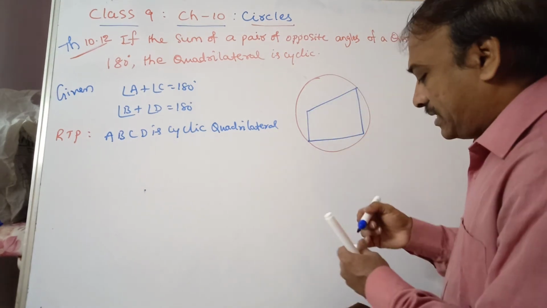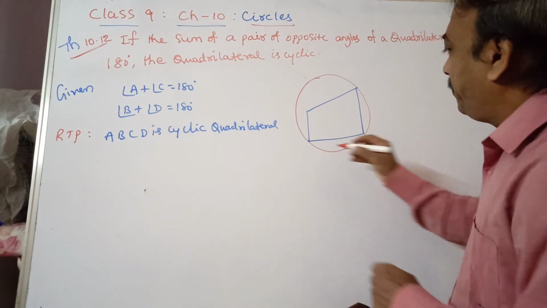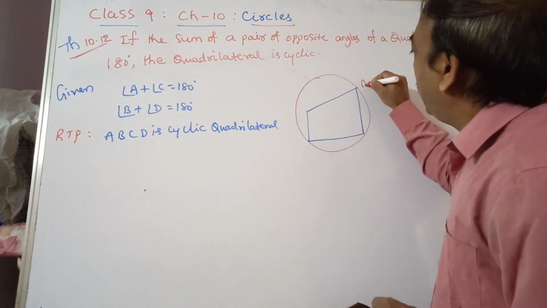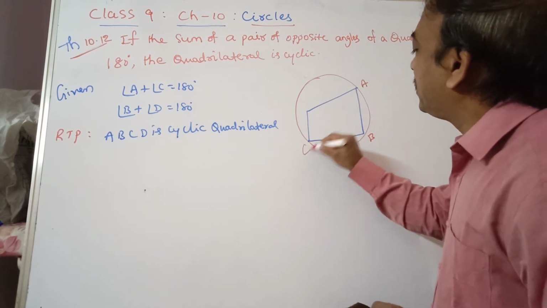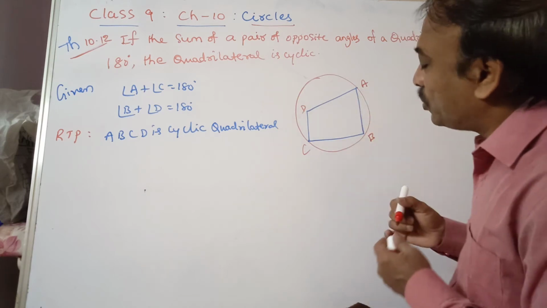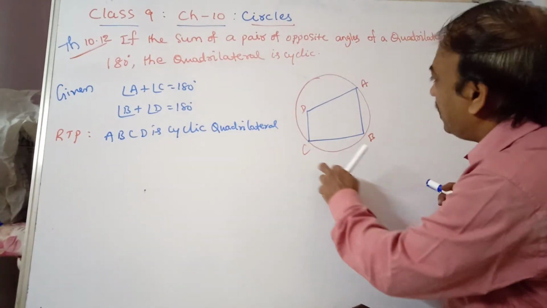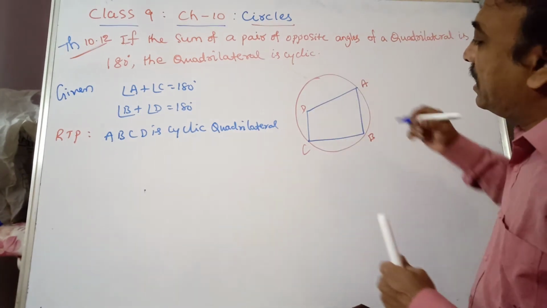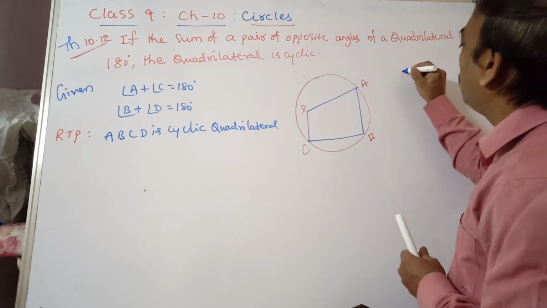Now this is A, B, C, D. Is the circle passing through these? We are constructing a circle through three non-collinear points. Then similarly we take another one.